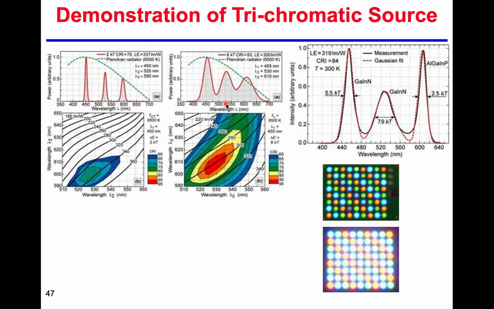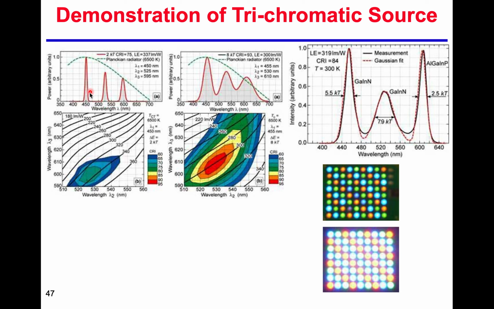As we can see here, if we have the narrower band gap, the line here shows the lumen per watt, you can possibly have the higher lumen per watt. For example, here is 360, but here only 340.